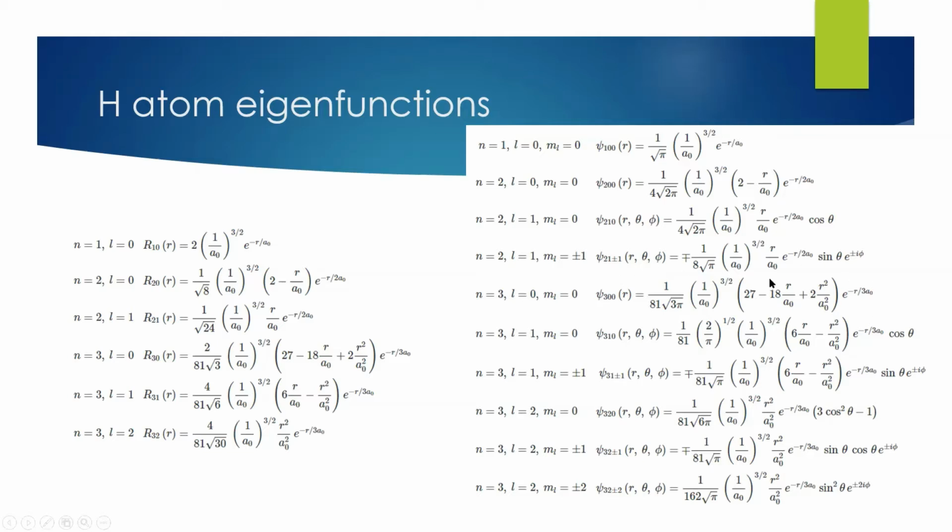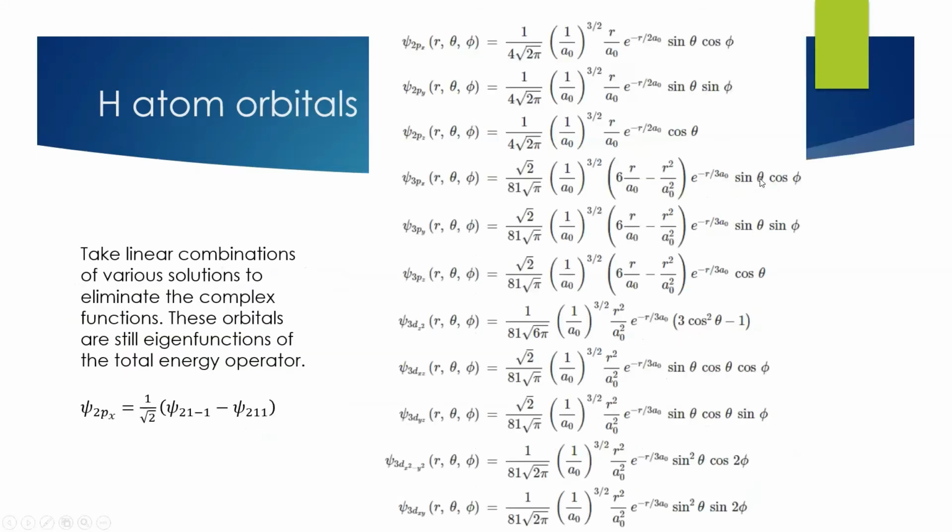So here we have a function for the 3s orbital, 1s orbital, and 2s orbital. And here we can see the linear combinations that are generated as we make things like the p and d orbitals. So these mathematical equations actually represent our orbitals. So we can figure out where these orbitals are likely to be, where the electron is, and so forth, and we'll work with this more next time.